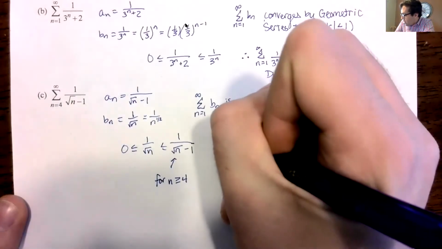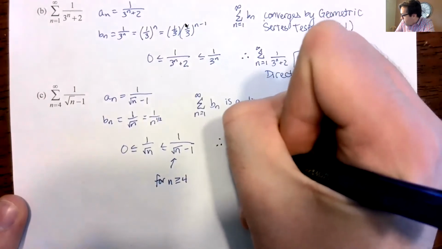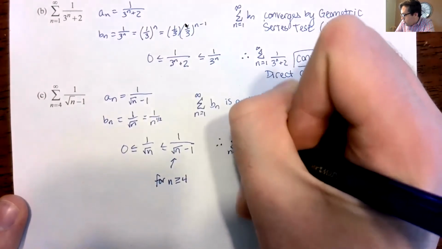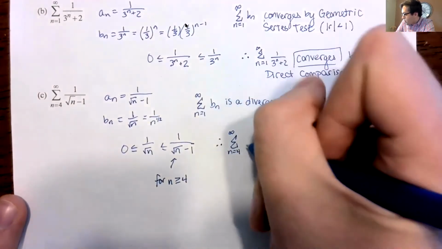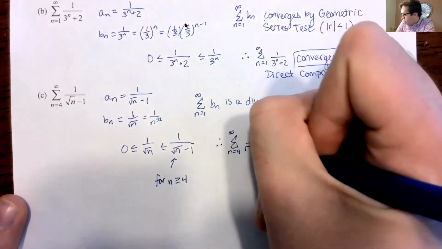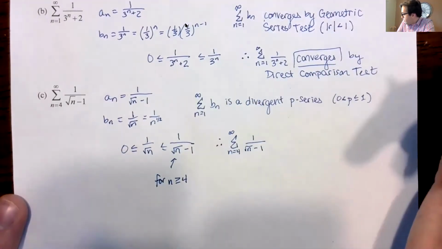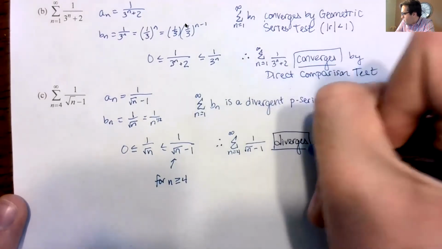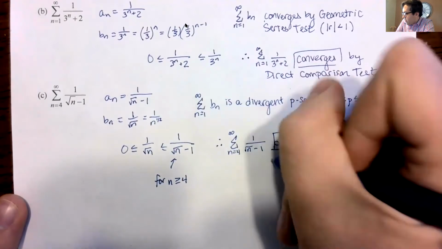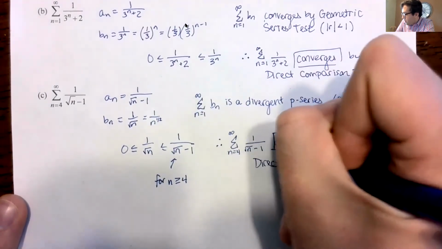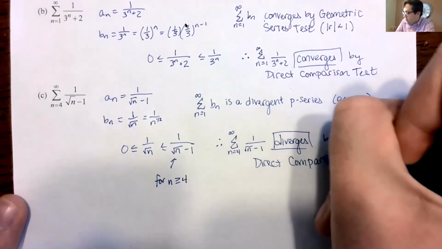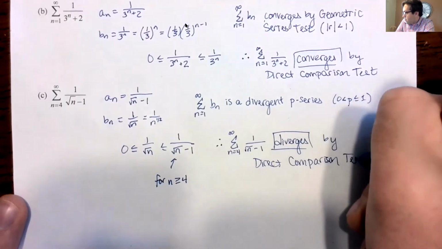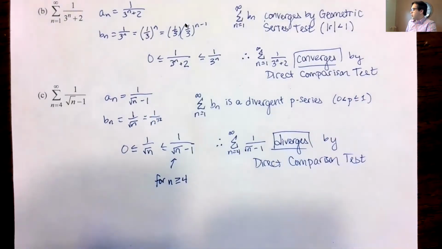So we would say, therefore, the series n equals 4 to infinity of 1 over the square root of n minus 1 diverges by the direct comparison test. All right, cool. So that's the direct comparison test.